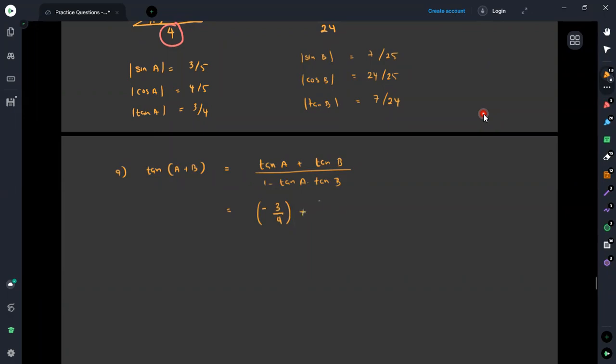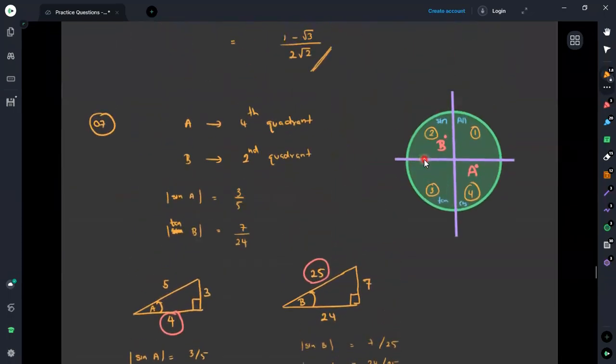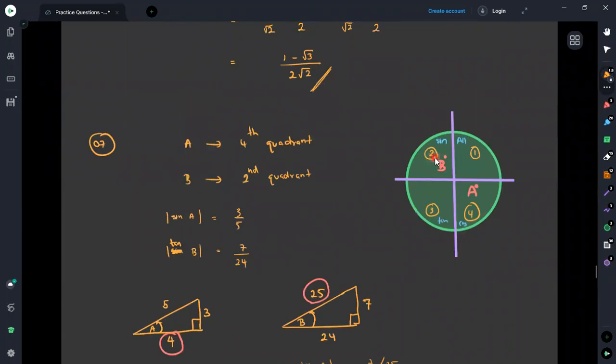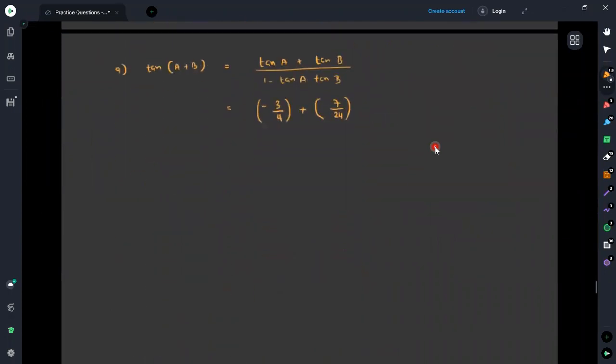Using a similar way, the tangent value of B was identified as 7 over 24, but it is located in the second quadrant. In the second quadrant, only sine is positive, so tangent should be negative. Then 1 minus tan A tan B, with tan A as minus 3 over 4 and tan B as minus 7 over 24.